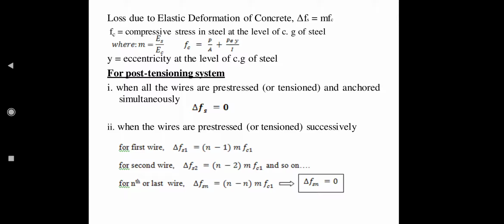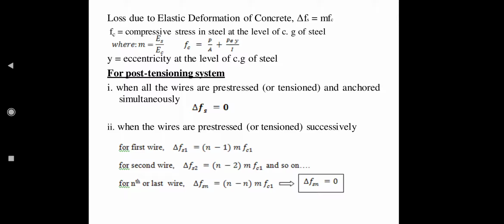Whereas for post-tensioning members, we have two cases. When all the wires are prestressed simultaneously, then the loss is zero. Simultaneously means when all the cables are pulled together and anchored. In such a condition, the losses will be zero. The second case is when the cables are pulled successively.